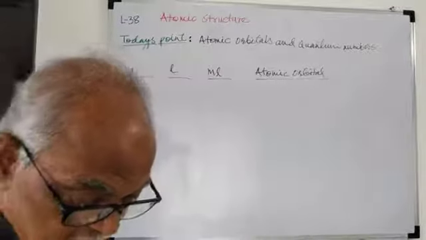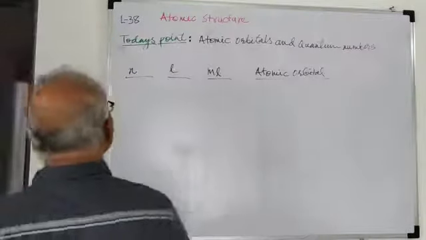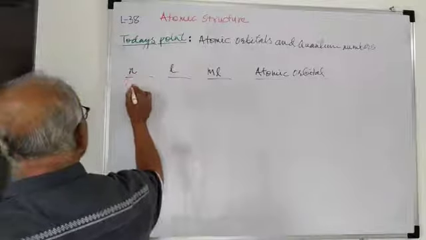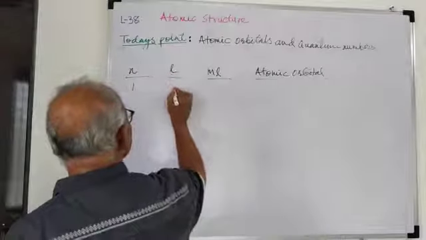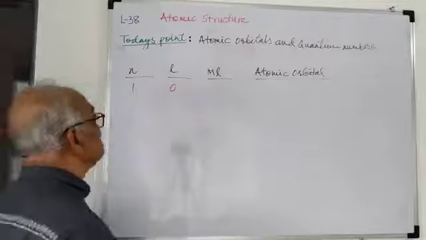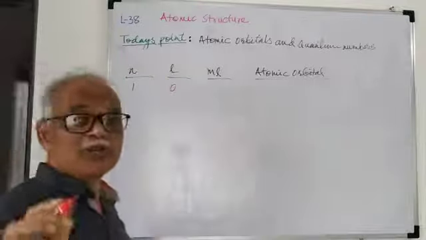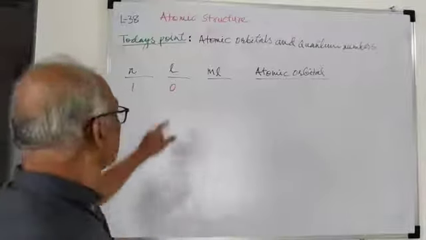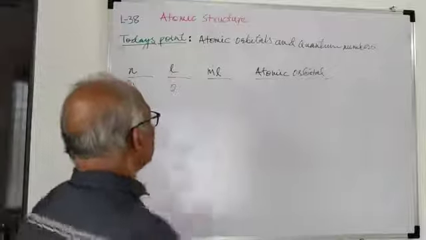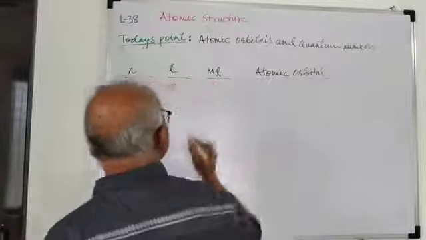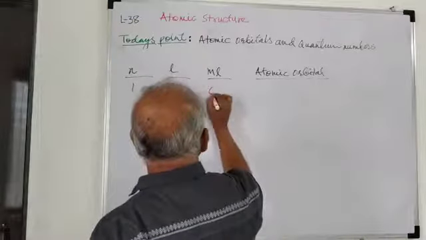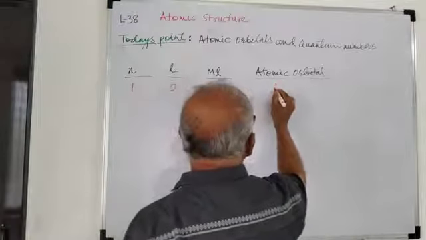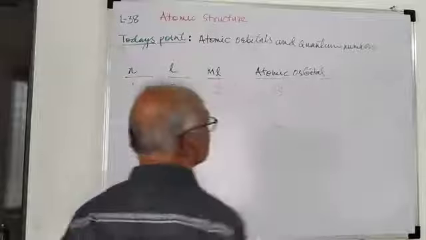First of all, we will see the n quantum number, n value 1. When n is 1, then l has value 0, because l is equal to 0 to n minus 1. So it has only 0 value. Then ml is minus l to plus l, means ml is also 0, and in such a case the atomic orbital is 1s.